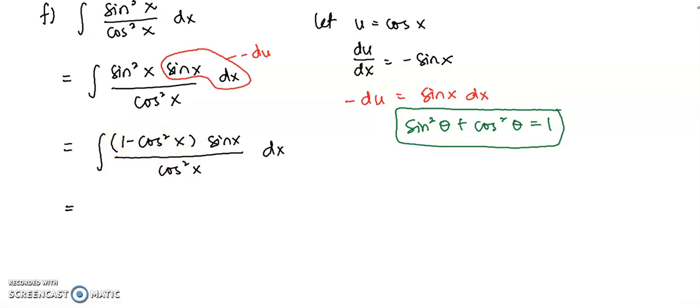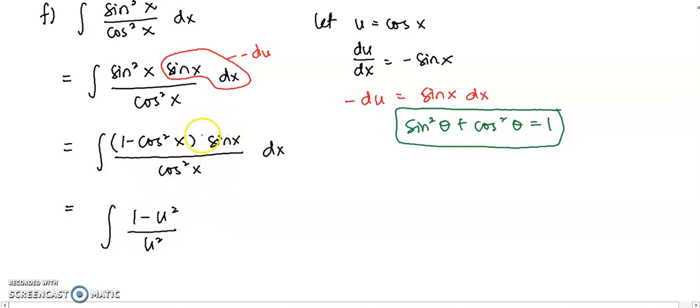Then now I start to substitute. 1 minus cos square will be 1 minus u square, and over cos square means over u square. Sine x dx is going to be the negative du, and the negative I bring outside. So now I have a numerator of 2 terms and denominator of only 1 term. Actually, we can split them into 2 separate terms.